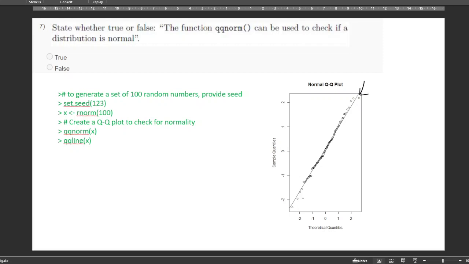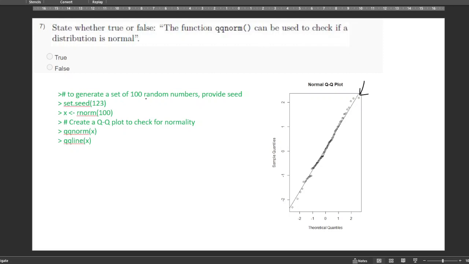If the given data set forms a linear line along the reference straight line, then it follows the normal distribution. This is how qqnorm is used to check whether the given distribution is normal or not.